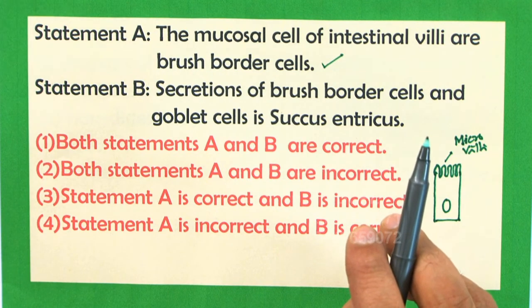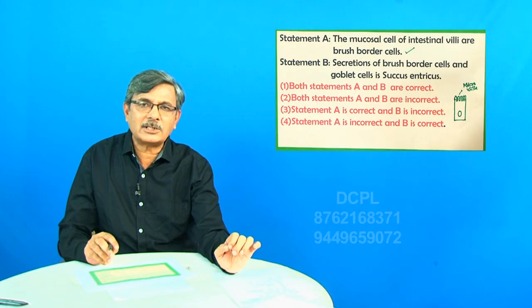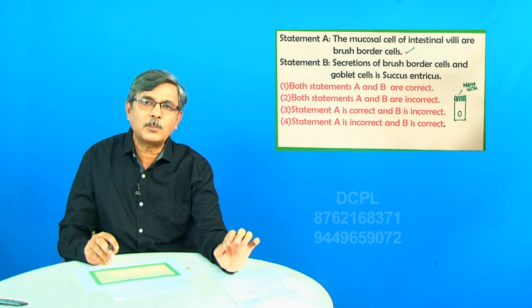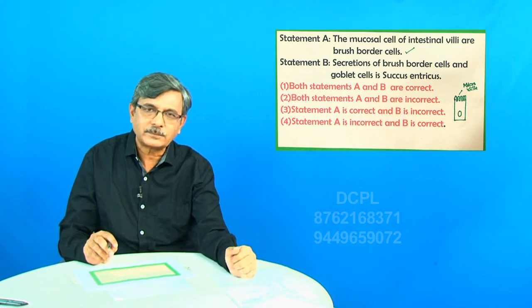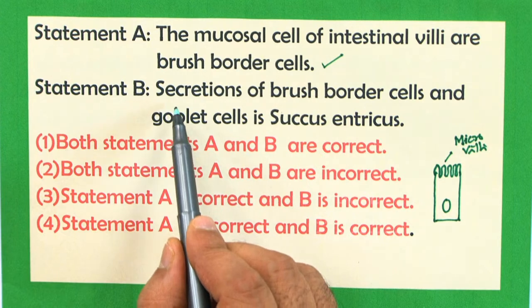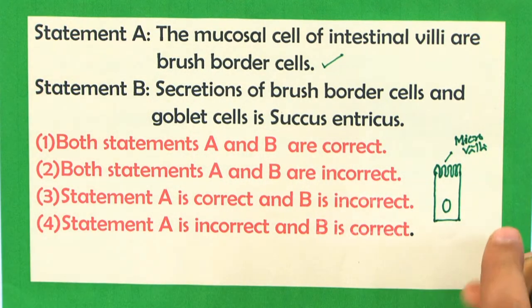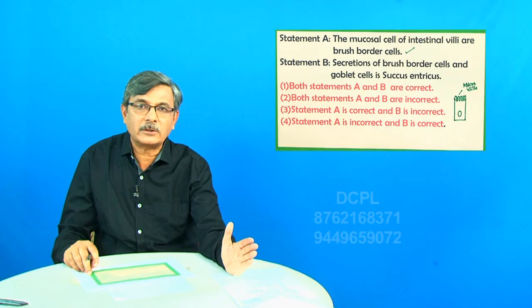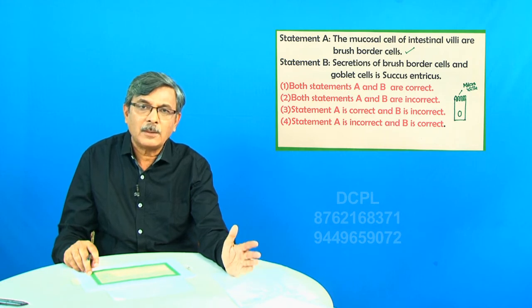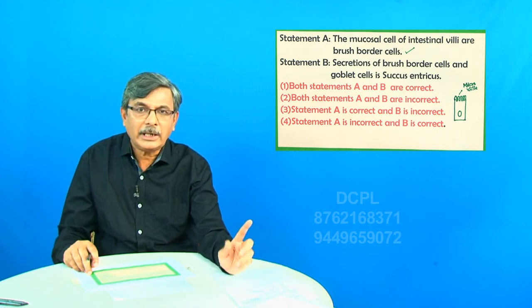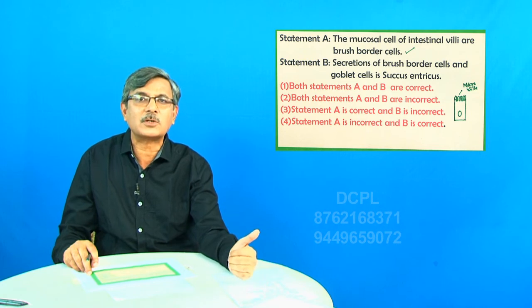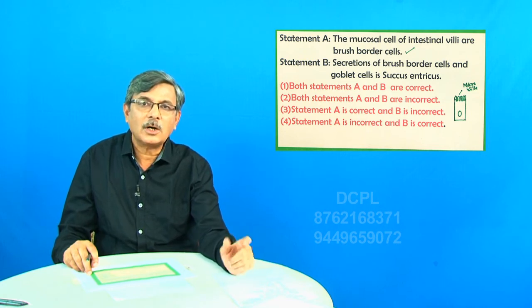Increase in surface area clearly indicates that the cells are specialized for absorption of digested food. But here we have the word secretion of brush border cells. Now I want to tell you, remember, brush border cells not only help in absorption of digested food, they are also secretory.